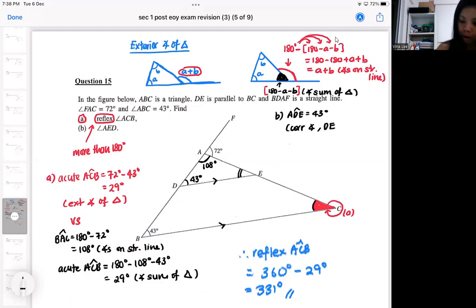A pair of parallel line is not a property, but corresponding angle coming from the pair of parallel line is a property. So you got to account for this first, then followed by AED, 180 minus 108 minus 43, which is angle sum of triangle.